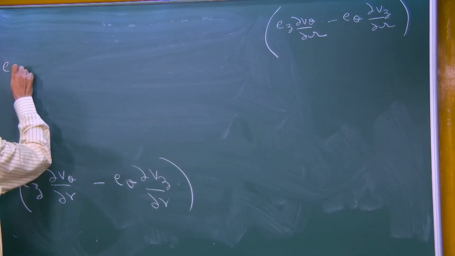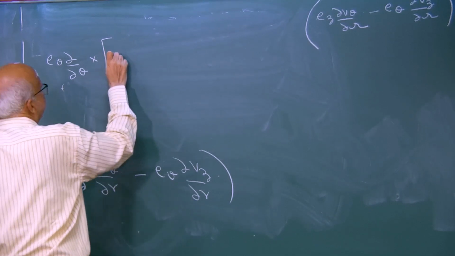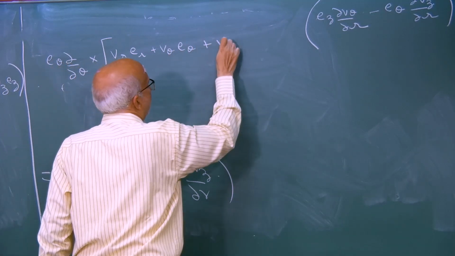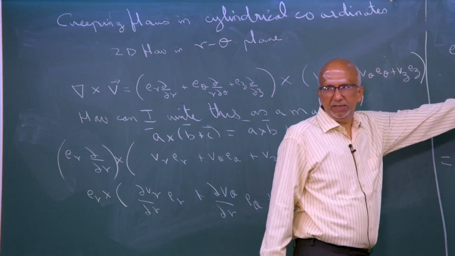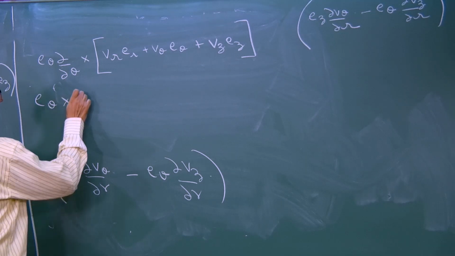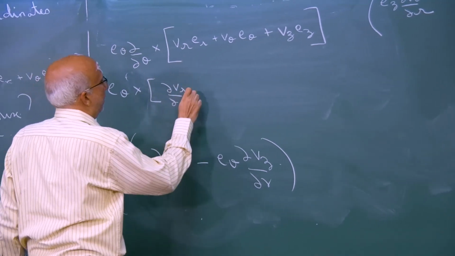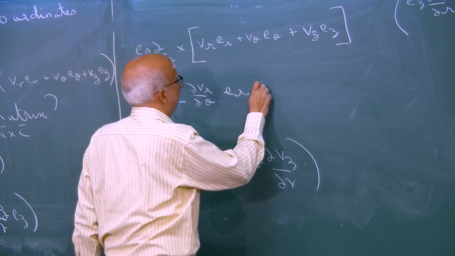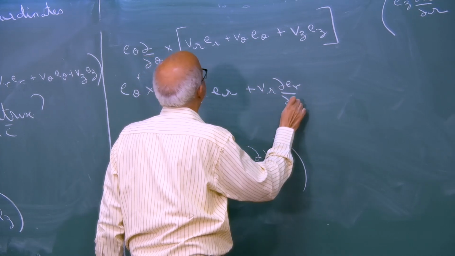So what is E theta d by d theta crossed with these 3 terms, VR ER, V theta E theta, Vz Ez? Take the derivative inside. I have E theta crossed with dVr by d theta times ER plus VR times dER by d theta.